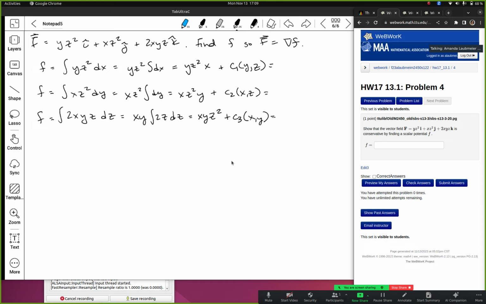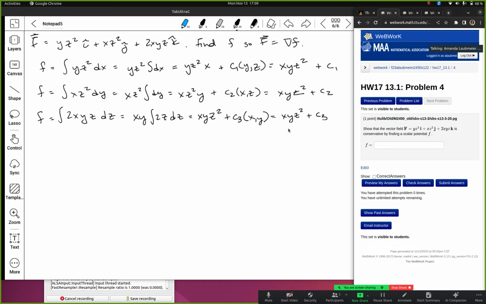If we look at these 3, I'm going to rearrange them so they all are kind of in the same order, so it's easier to see that yz squared x, I'm going to reorder alphabetically as xyz squared. Same in the next, xz squared y is just xyz squared. And xyz squared in the last one was already the order I wanted, so I'll leave it that way.